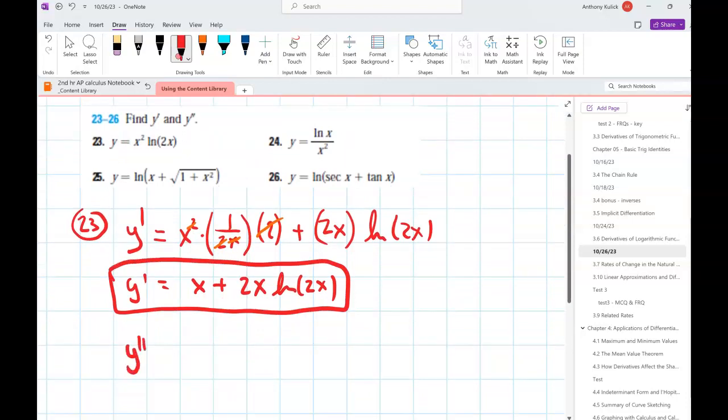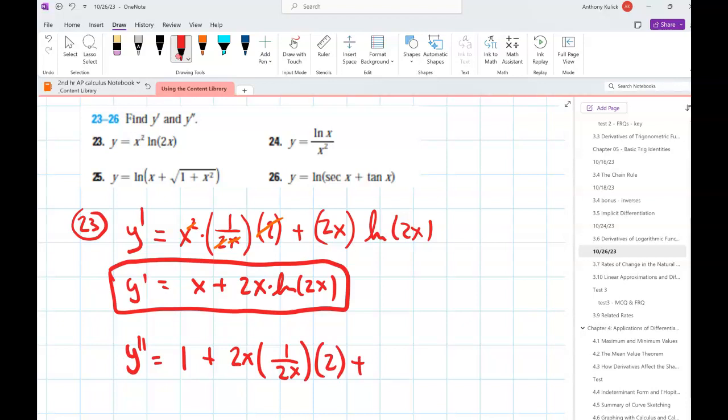The second derivative then: to differentiate x, well, that's just 1. To differentiate 2x natural log 2x, I need to use product rule first, right? Because of the multiplication in between. So that's going to be 2x times the derivative of the natural log of 2x, which is 1 over 2x, times the derivative of 2x.